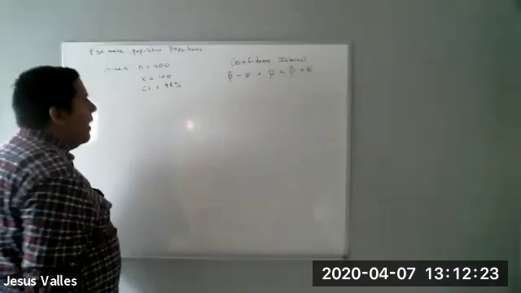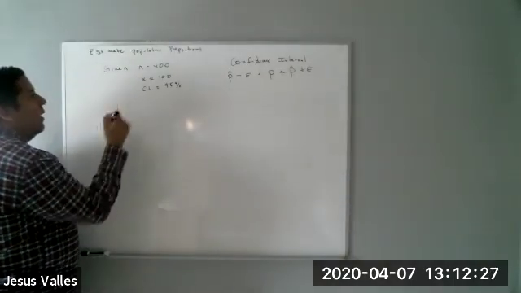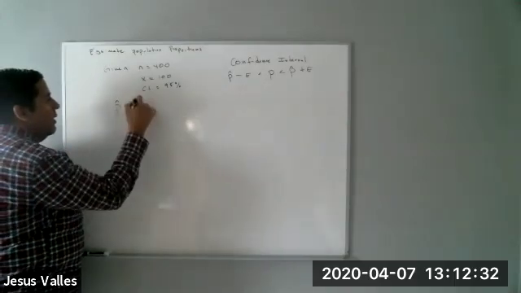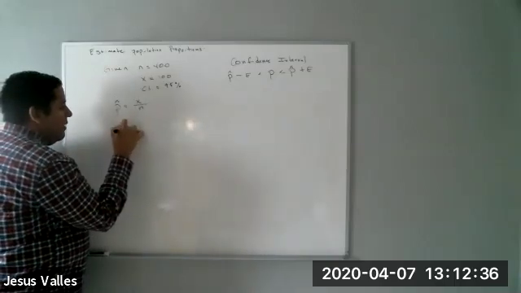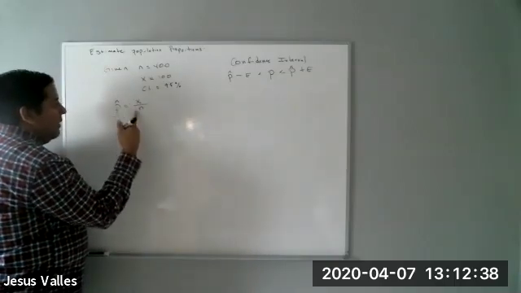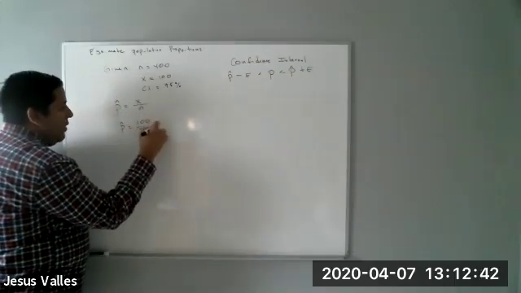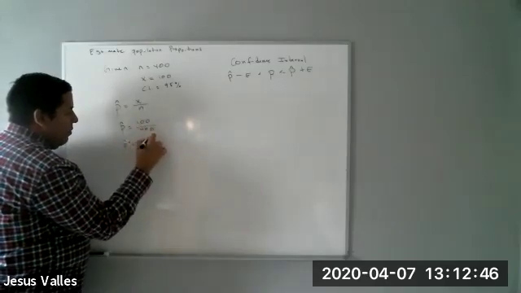So how do we determine p hat? Well, p hat is given to be x divided by n. Since I know x and n, this is 100 divided by 400, so p hat is just 0.25.